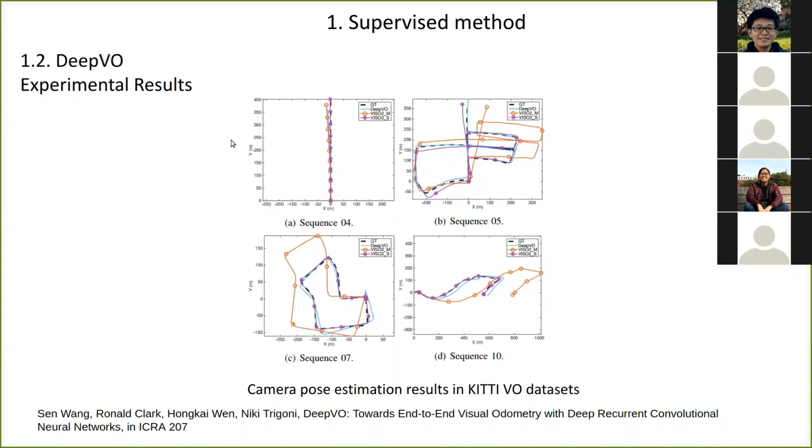So these are experimental results shown on KITTI. They also compare some of the traditional methods here, like VISO. And black dots is the ground truth, and the blue line is their method.